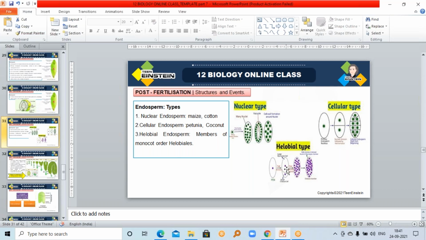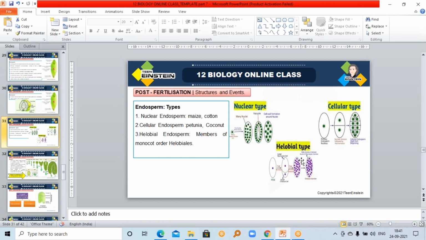Only the first division is with cell wall formation. Remaining divisions, there is no cell wall formation. So in the first cell you can see many nuclei here, and the second cell also you can see many nuclei. So after the first division, it is free nuclear.